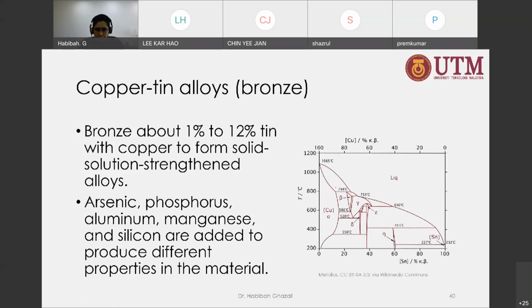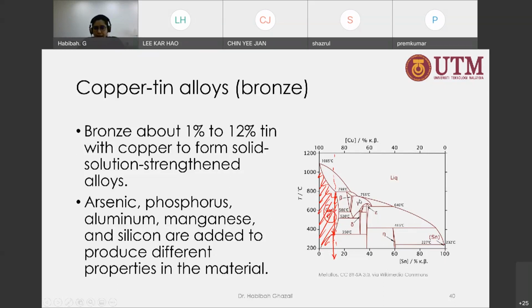As you can see here, when we have 1 to 12, we have an alloy that exists in this alpha solid solution. But for this one, at a certain temperature, precipitates of epsilon will start to appear, so we need to quench them to retain the alpha solid solution. Okay, so that's for the bronze with 1 to 2% of tin.